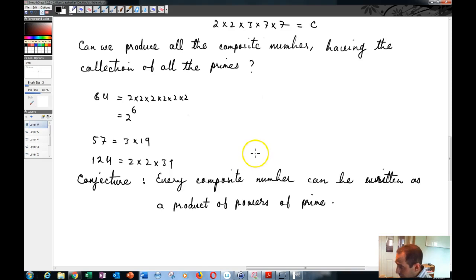Now it turns out that this statement is true. And of course, these statements seem to be simple statements.